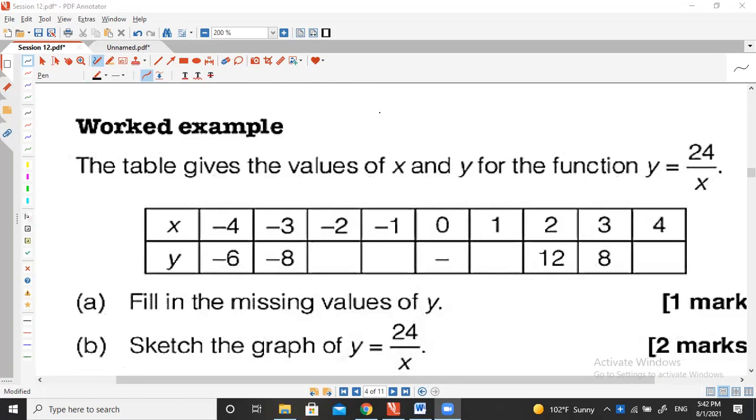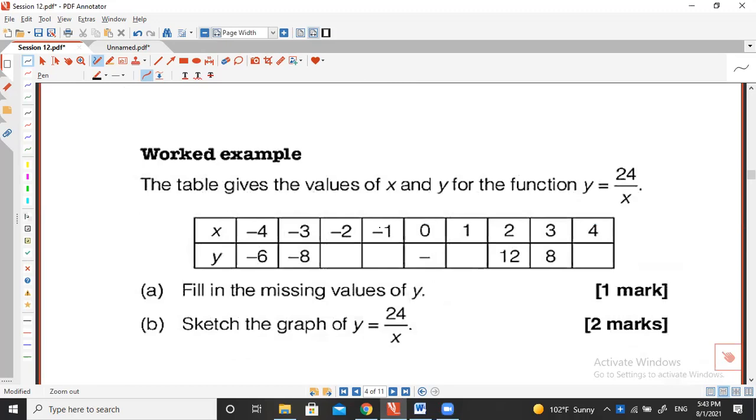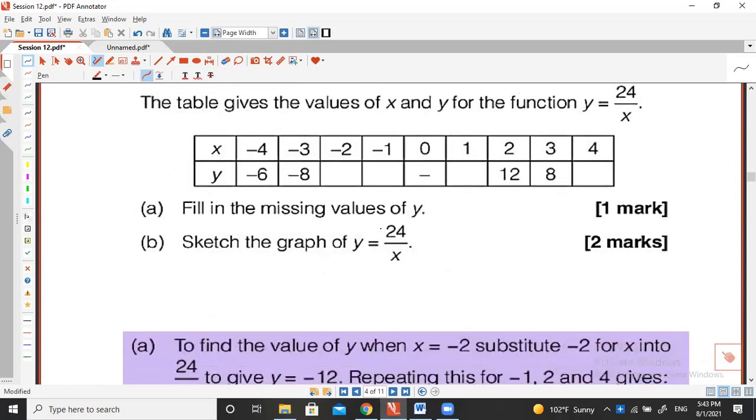Omar, could you read please? No, the question itself.